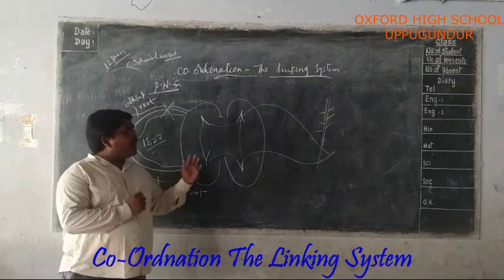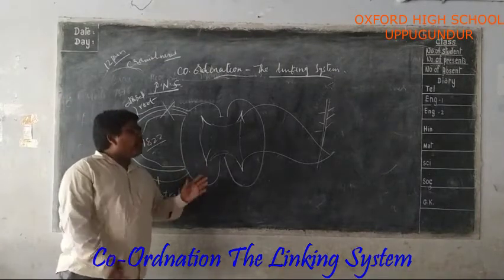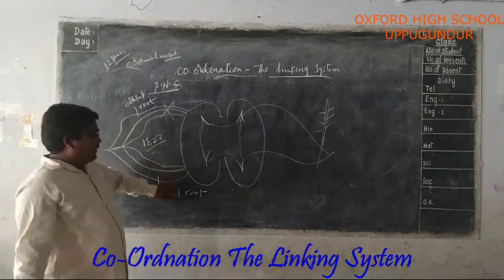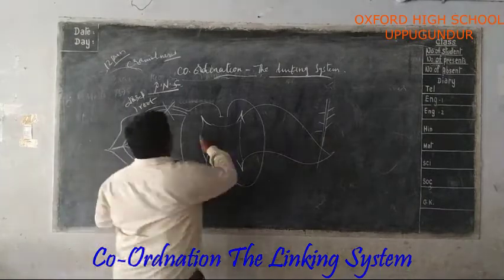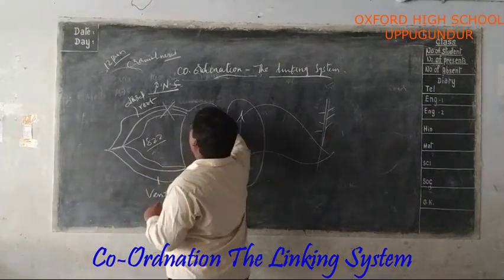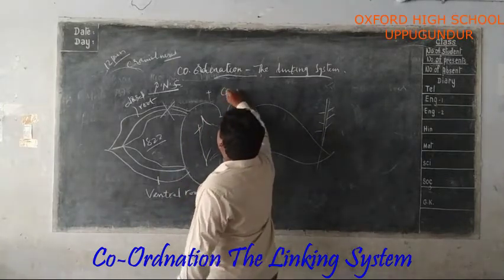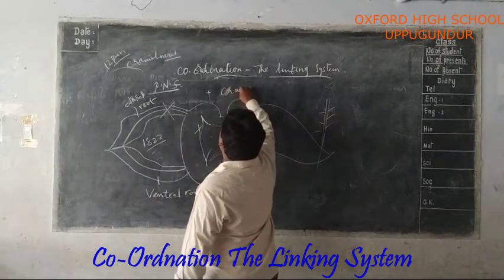Now, the peripheral nervous system. The peripheral nervous system contains a vast number of dorsal roots and ventral roots, along with the nerve cell bodies from the cranial nerves and spinal nerves.